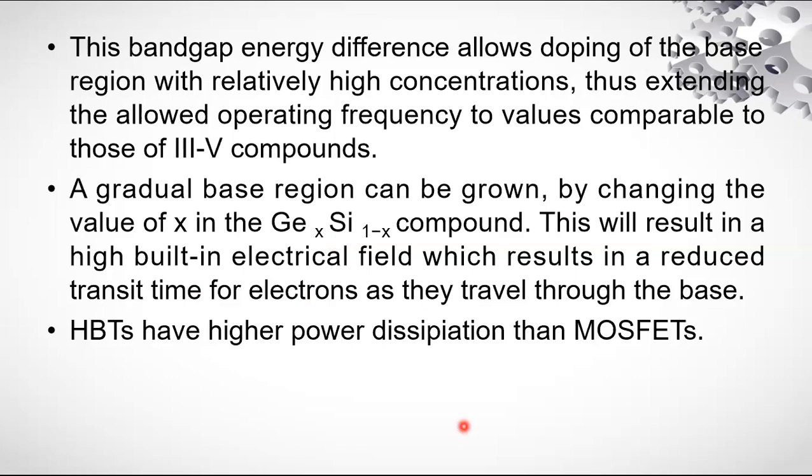So the main purpose is to reduce the transit time and use it at a higher frequency. So these are the changes or improvements which we can do in a HBT.